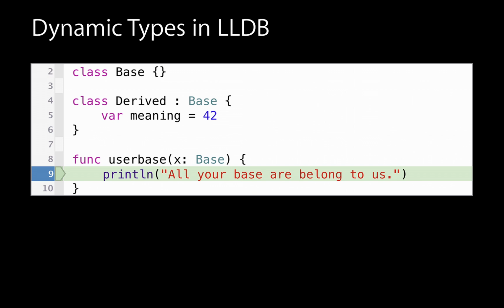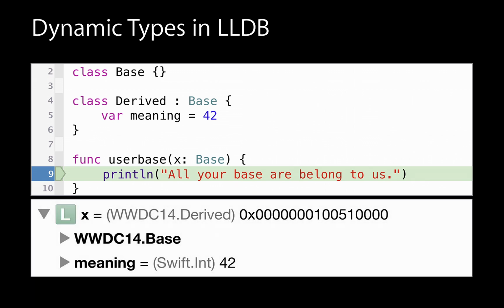I want the debugger to tell me the dynamic type of x, because on that dynamic type relies the fact that I could have more instance data, that I could have changes in behavior. And indeed, that is exactly what lldb does by default. It shows you the dynamic type in the variables view.